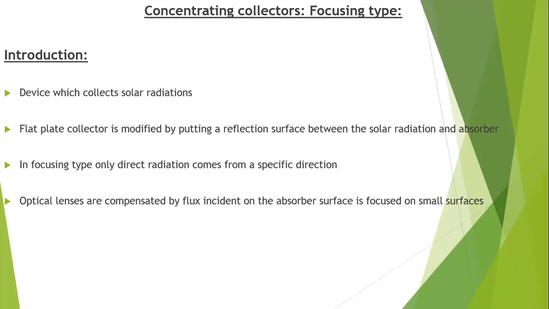With the use of this optical system, there are some losses. There are more advantages, but a little bit of losses. What are the losses? First, reflection and absorption losses in mirrors or lenses. The second is losses due to geometrical imperfections in the optical systems.